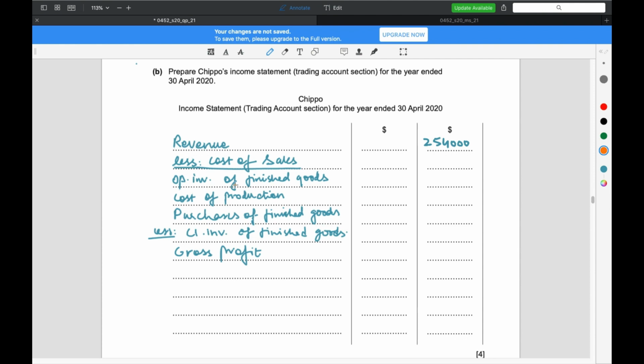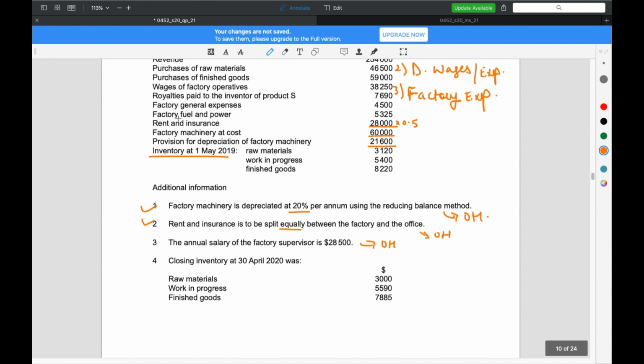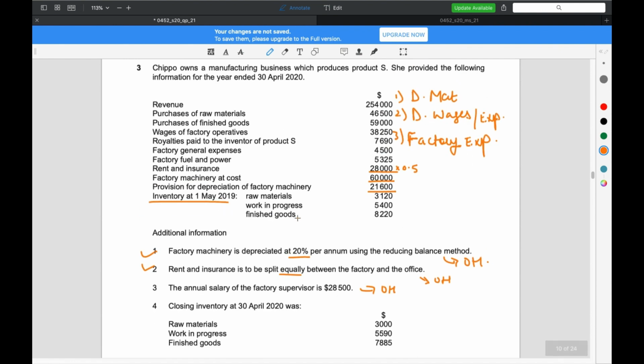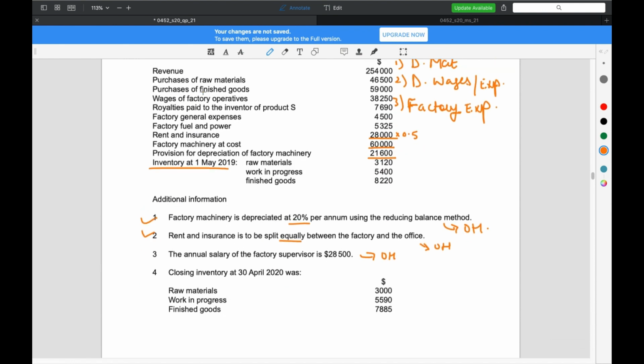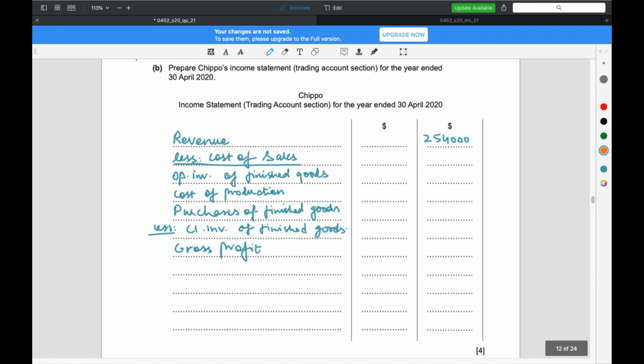So this is how we generally do it. Obviously you have to know that. He's given you the opening and closing values for the finished goods as well as the purchases of finished goods. So this is all going to come in the income statement here. Let's just write that down. The opening inventory of finished goods is going to be 8,220. And then the cost of production, let's deal with that later.